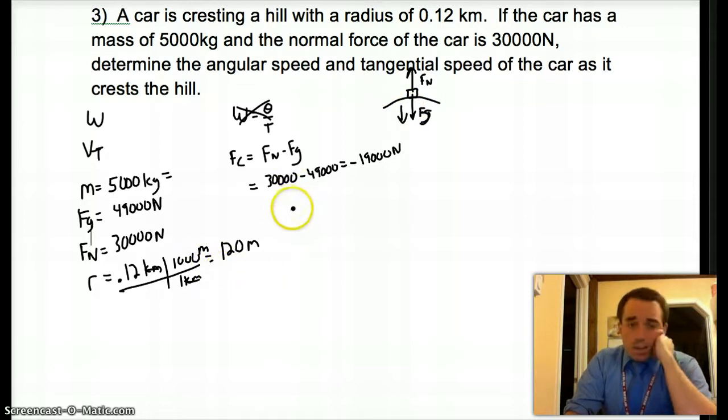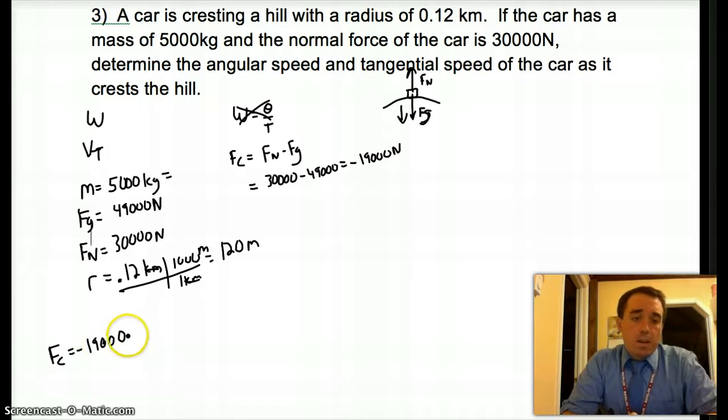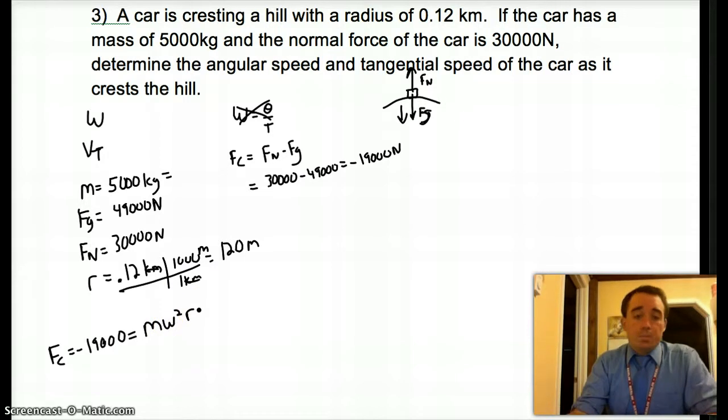And I also know that centripetal force is equal to m omega squared times r. So, m omega squared times r equals negative 19,000.